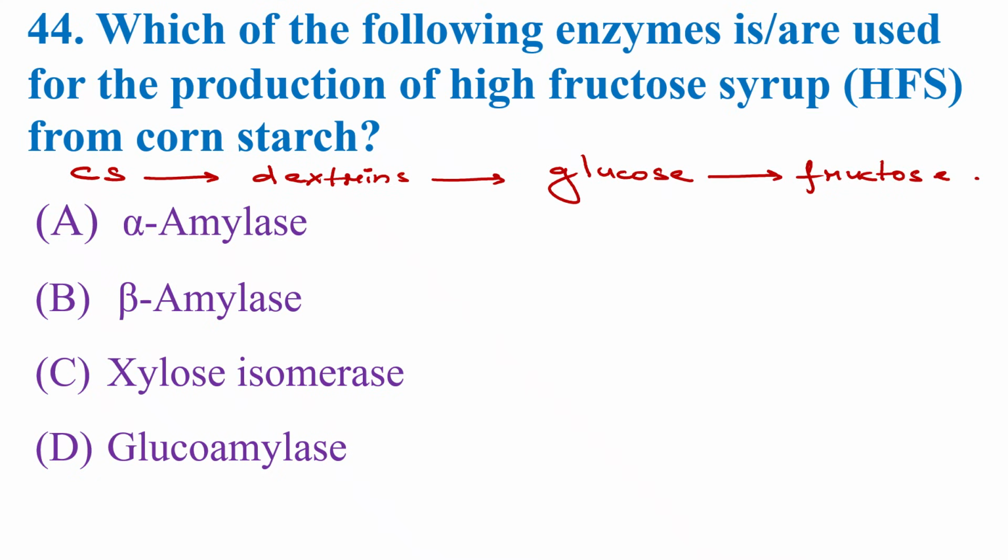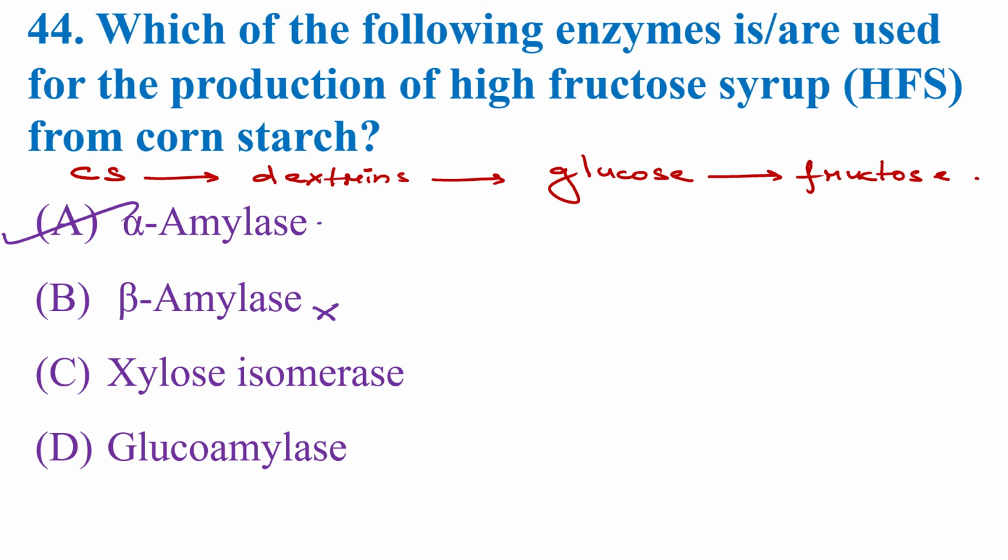Next, beta amylase. Beta amylase basically releases maltose units from the starch end. Mainly it is used in brewing and malt production. So it's not a part of the standard industrial HFS process. Next, xylose isomerase, which is also called glucose isomerase.